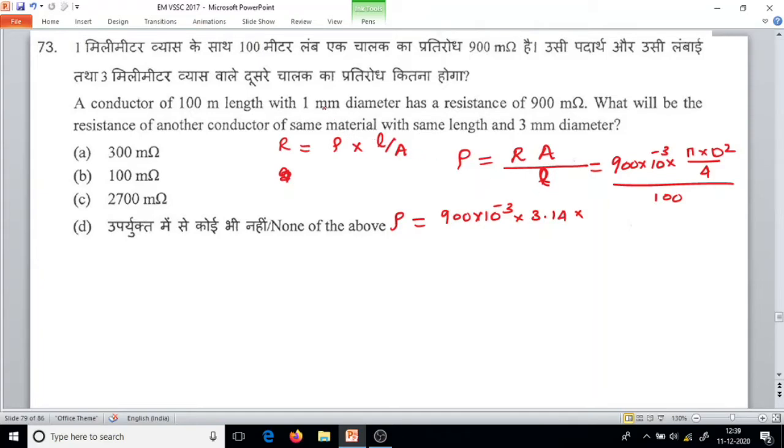It is in mm, so 1 into 1 is 1 mm square. When we convert it to meters, it is 1 multiplied by 10 to the power minus 6. This conversion you should know, otherwise you can't solve it. So check yourself.